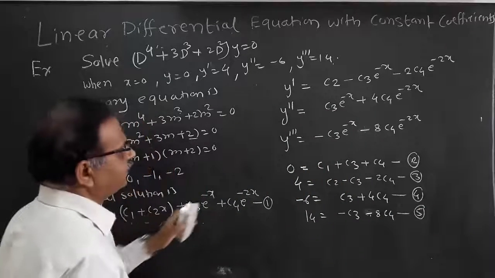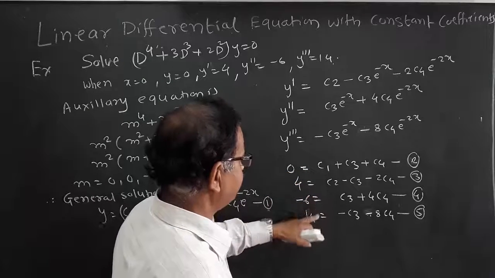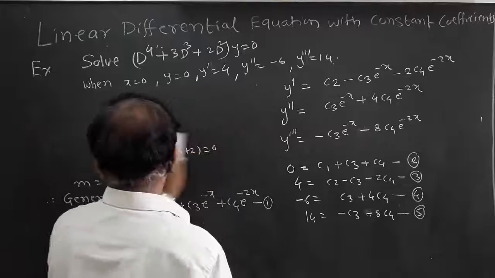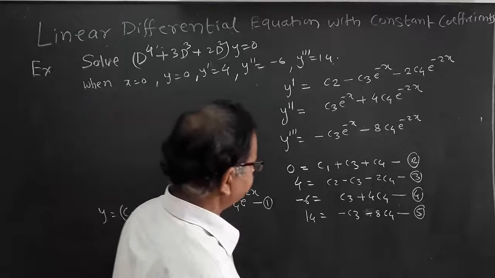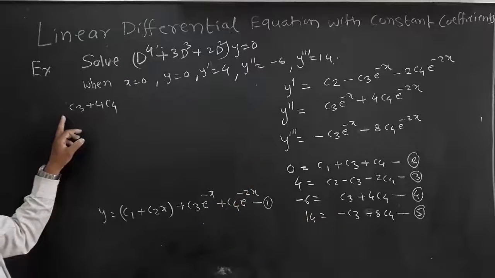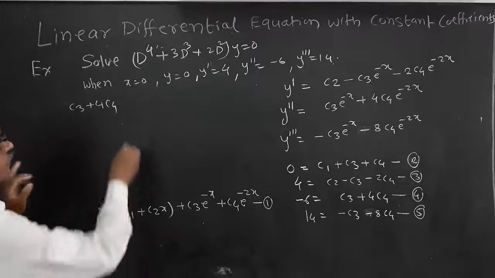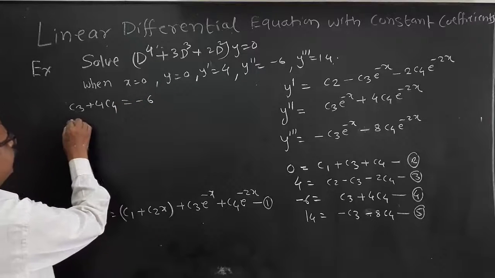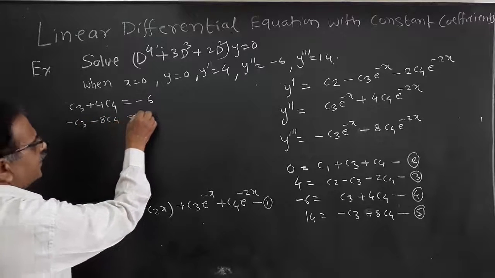We have to solve these four equations for finding c1, c2, c3, c4. Therefore, we shall solve fourth and fifth. c3 plus 4c4 equal to minus 6 and minus c3 minus 8c4 equal to 14.